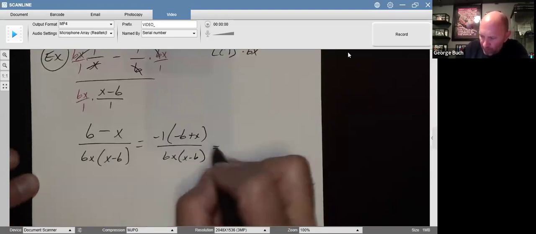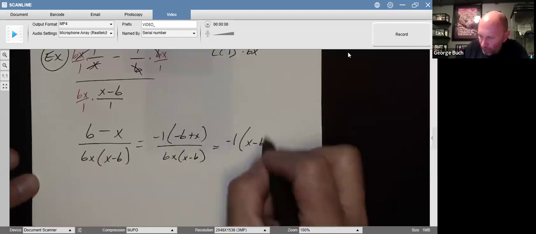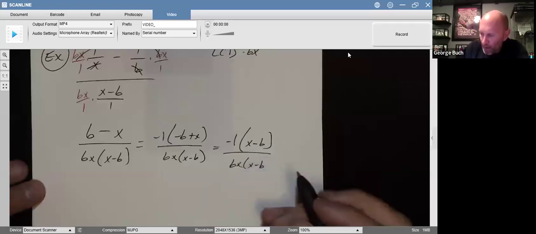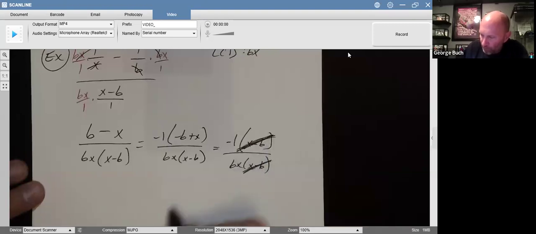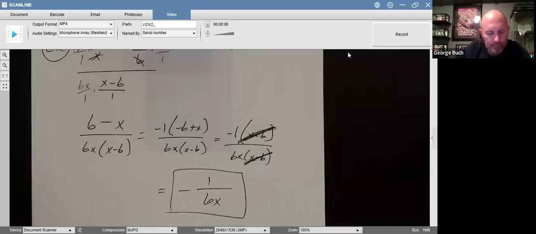And minus x plus 6 is the same thing as x minus 6. So now this x minus 6 cancels with this one, and I'm just left with negative 1 over 6x. And that would be your final answer for that one.